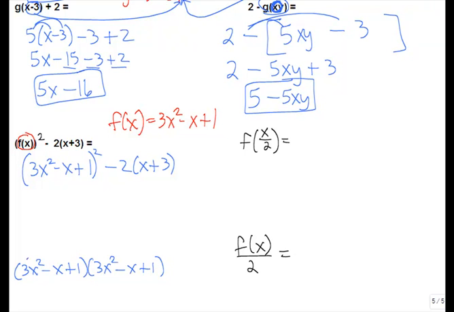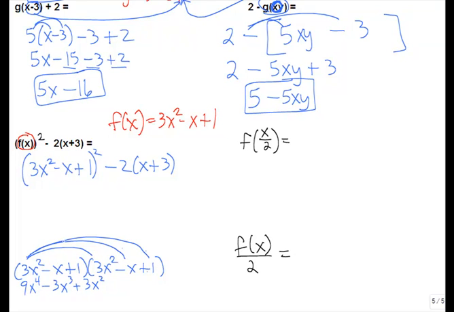So we're going to get the first 3 terms from this 3x squared times all 3 of these. So that'll be 9x to the 4th, because you add exponents when you multiply. X squared times x squared is x to the 4th. 3x squared times a minus x would be minus 3x cubed. And 3x squared times 1 stays 3x squared. There's my first 3 terms.